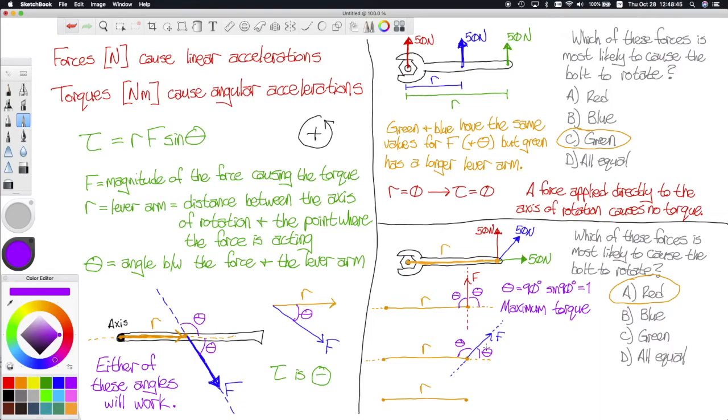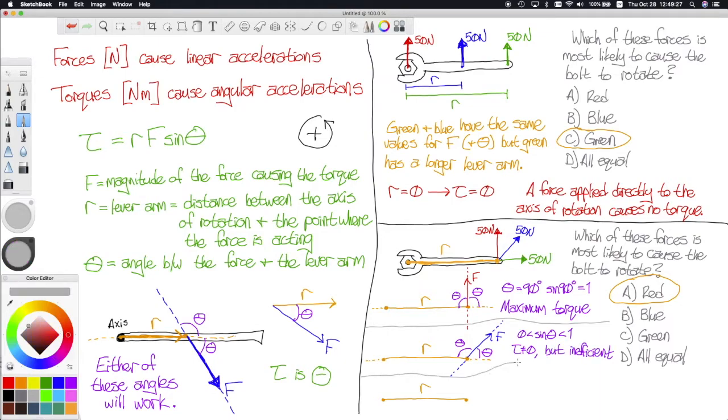Technically, the one on the right is the one we actually want, but either one will give you the same answer. Drawing myself some lines to separate this. Here, we'll have a value for sine of theta that's greater than 0, but less than 1. So the torque is not 0. We will have some torque. This bolt might rotate, but this is an inefficient way to apply our force.